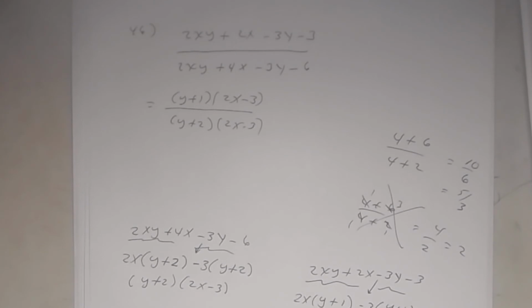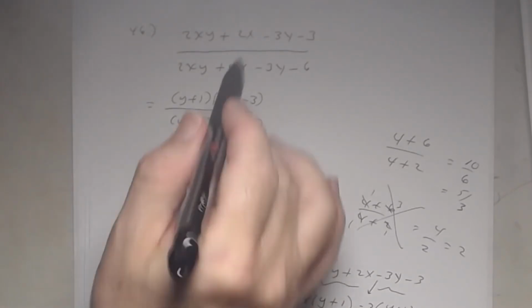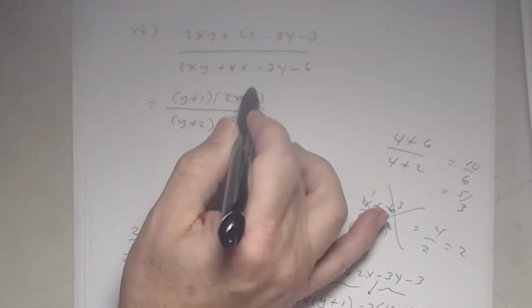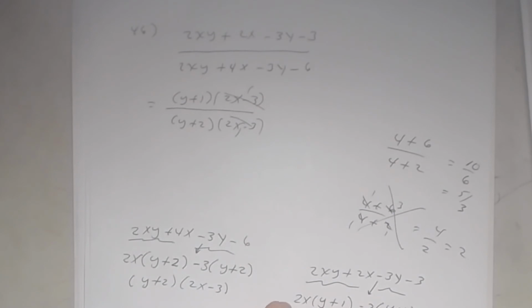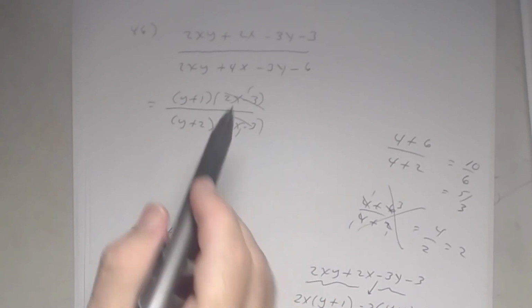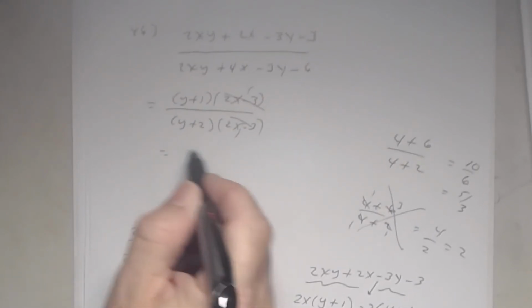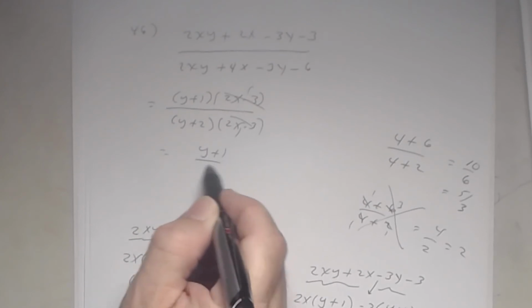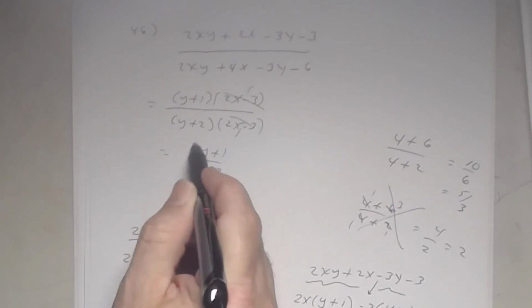So the first thing you did was factor. I factored the numerator and I factored the denominator. Now let's reduce common factors. 2x minus 3 goes away and becomes 1 on each side. The factors that are left are 1s, so y plus 1 times 1 is y plus 1 over y plus 2. Y'all agree? That's the answer.